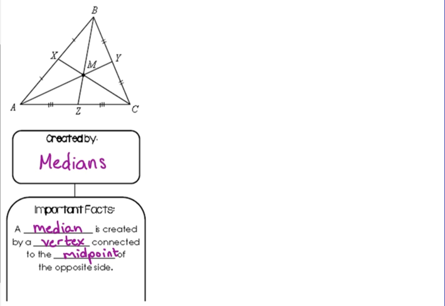So if we start at A, the vertex of A, we draw this segment from A to Y. Y is right in the middle of that side. If we start at B, at the vertex, and we draw a line to Z, Z is right in the middle of that opposite side.